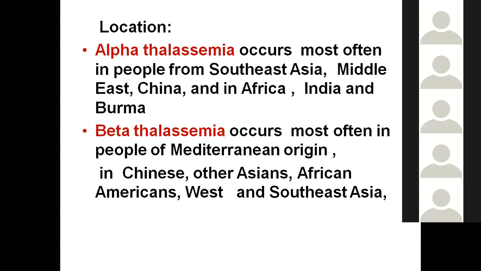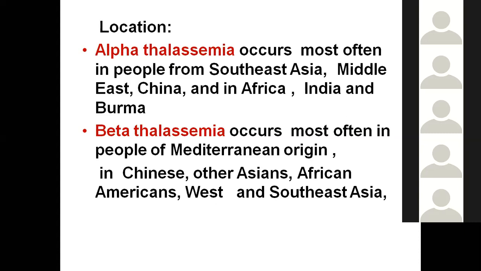One of the amino acids is wrongly placed or misplaced in that sequence, so that is a point mutation or a deletion of an amino acid. But here in thalassemia, there is quantitative deletion of the gene. As we go on, you'll understand. So this was just a brief review of it.